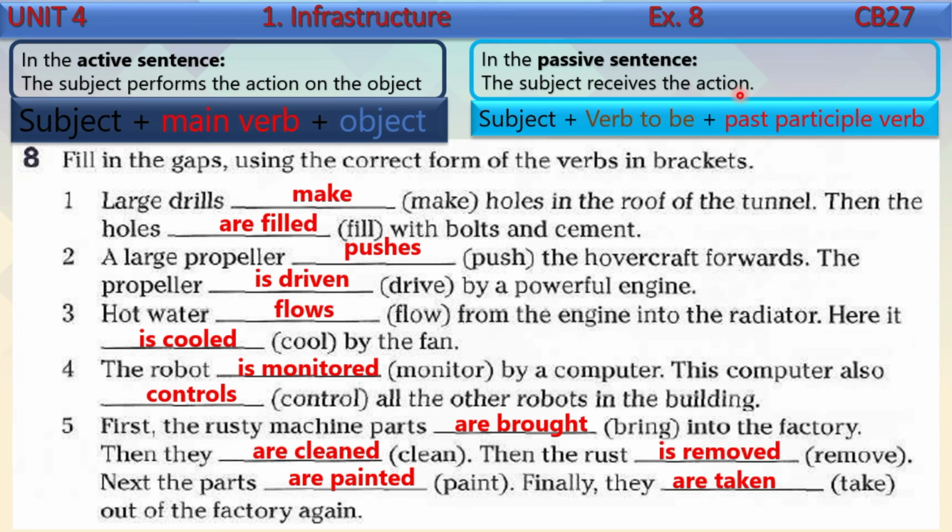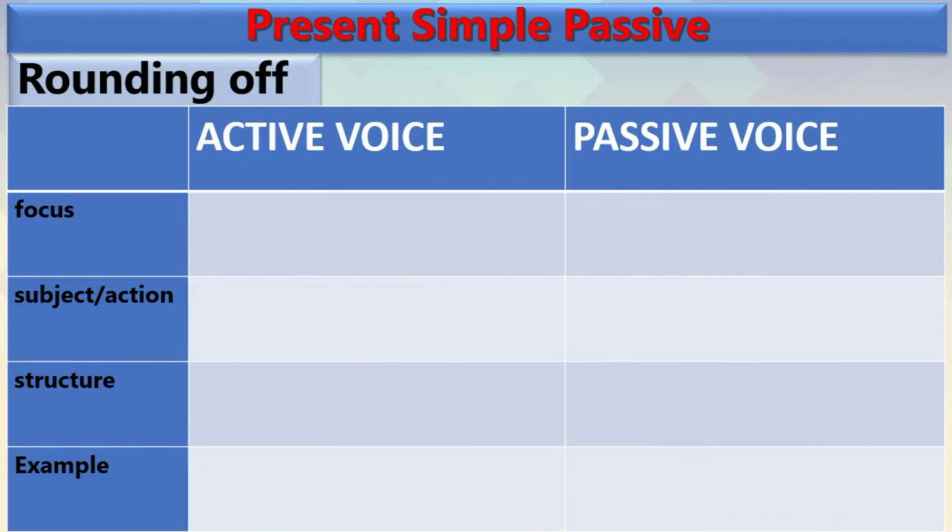Excellent. Now, let's round off the lesson by completing this table. The focus of the active voice is the doer of the action, while the focus of the passive voice is the action.